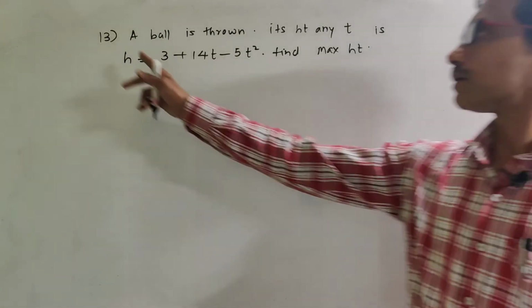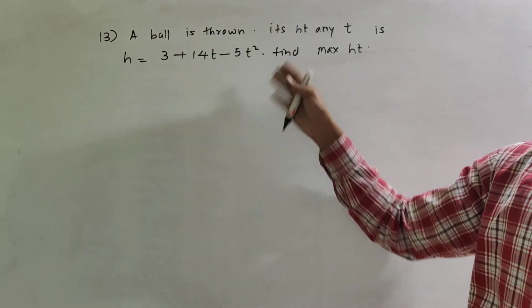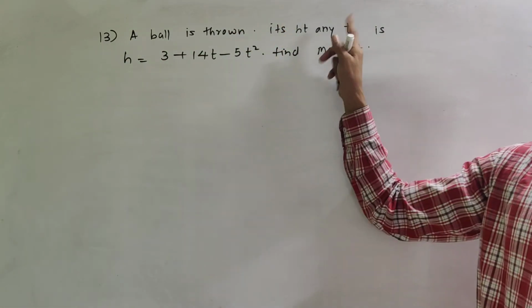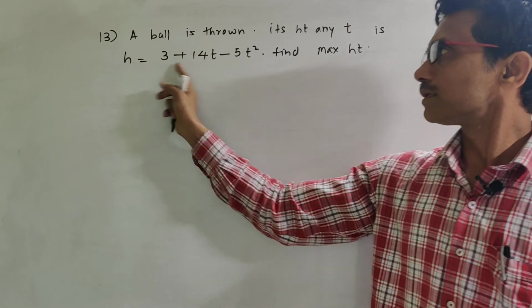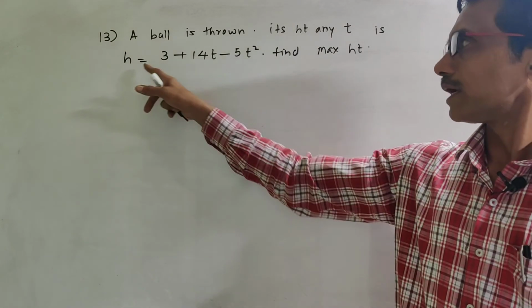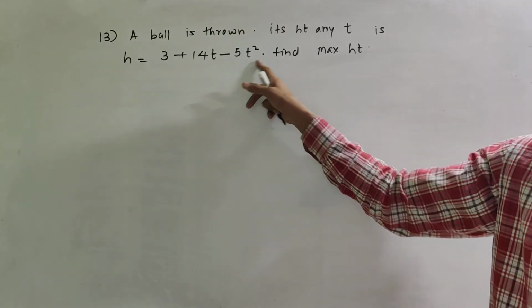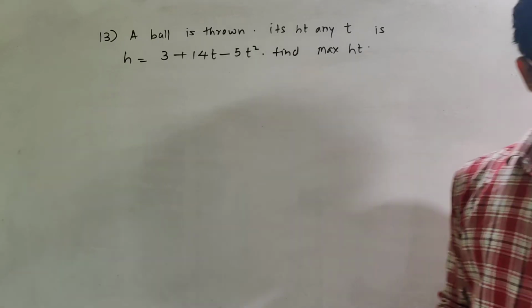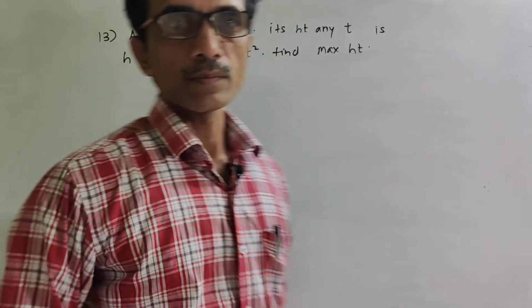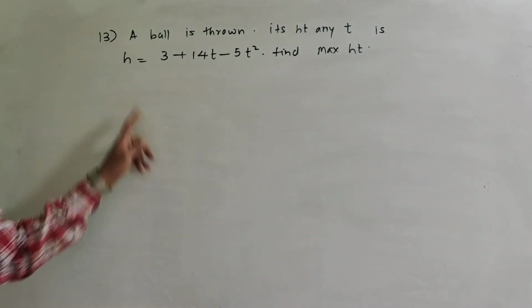Question 13. A ball is thrown in the air and its height at any time t is given by the function h is equal to 3 plus 14t minus 5t square. Here we find the maximum height. That means we find at what time t we are getting maxima.